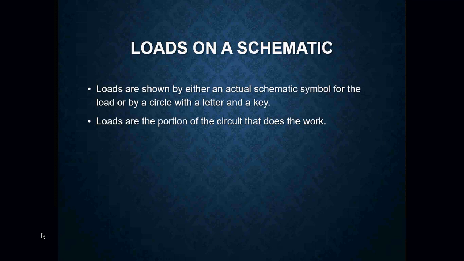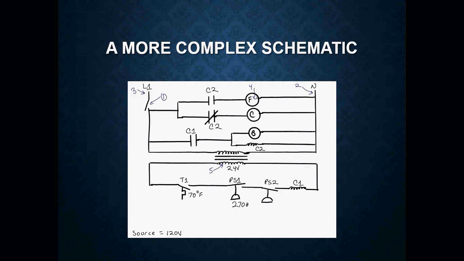So loads on a schematic are shown either by an actual schematic symbol for that load or by a circle with a letter or some sort of designation that tells you what it is. Loads are the portion of the circuit that actually does the work. So here is a breakdown of what we're talking about. Here we are, L1 and neutral. That's signifying our power source. Here is our switch.